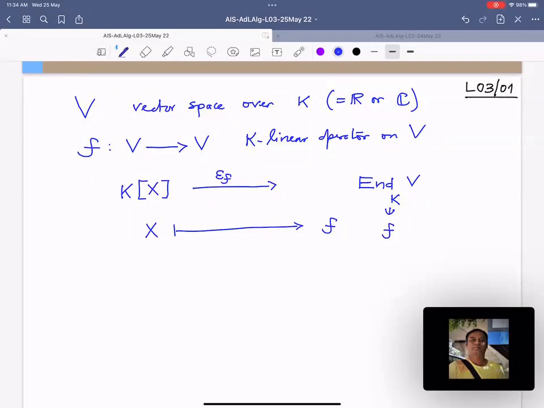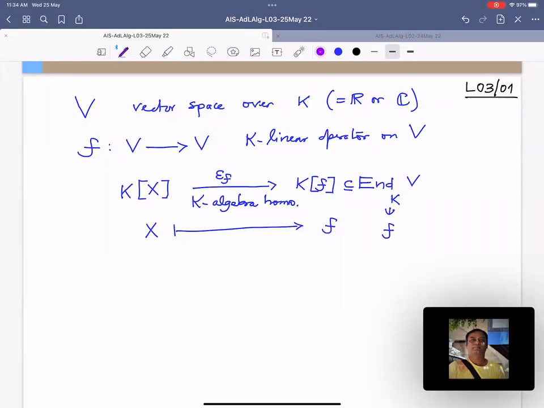This is obviously a K-algebra homomorphism, and the image is precisely the subalgebra of End V generated by F. So this big algebra may not be commutative, but the subalgebra is commutative.